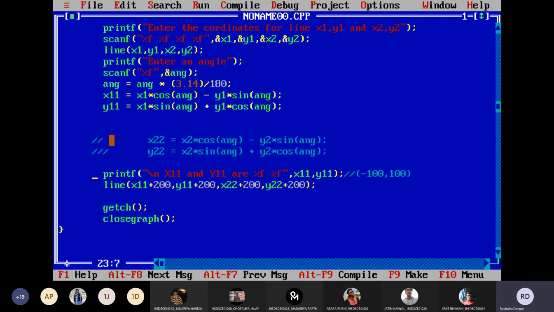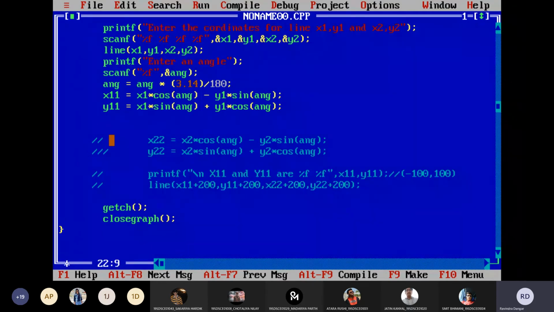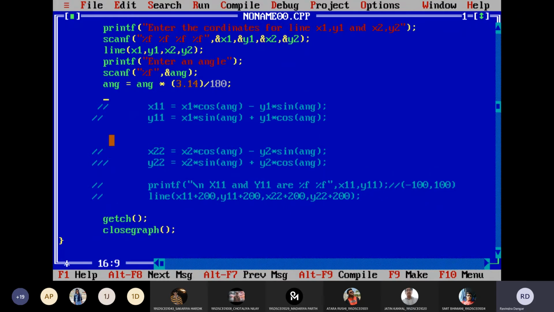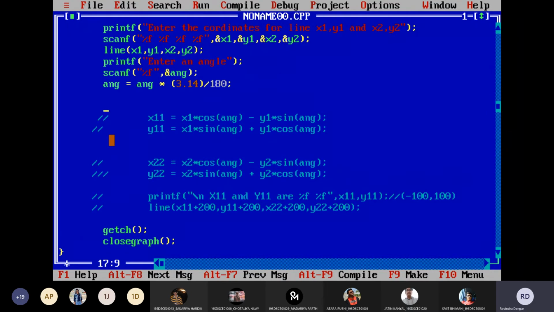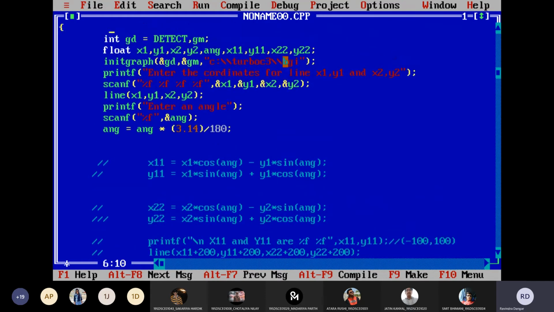I don't want to draw the line, I don't want to print it, and I don't want these equations as well. Now we have the coordinates of the line. We have the value of angle, and angle is converted into degrees as well. Now let's use the equations to rotate the remaining point, which is x1, y1. So for us, the reference point is x2, y2. So let's define it. Let me go with xr, yr.